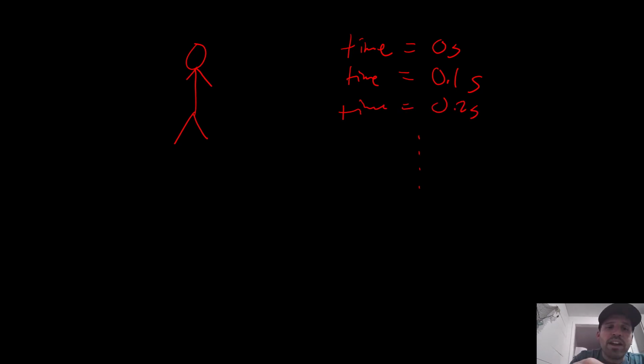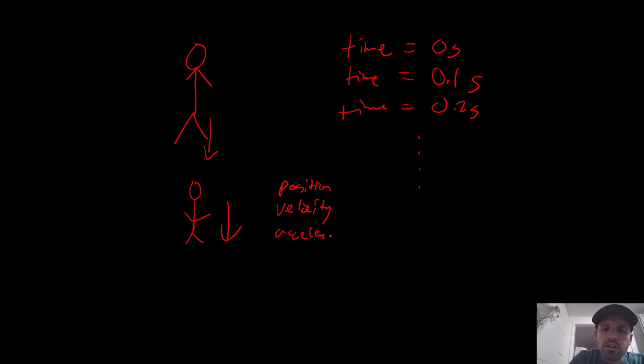So as time advances, our guy is going to be falling, and at each time step we're going to calculate a new position and a new velocity and even new acceleration terms.